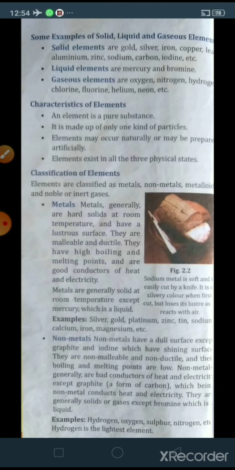So first one, an element is a pure substance. We have already known that an element is a pure substance and it is made up of only one kind of particles.